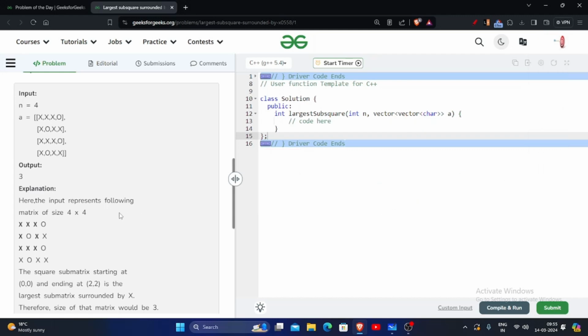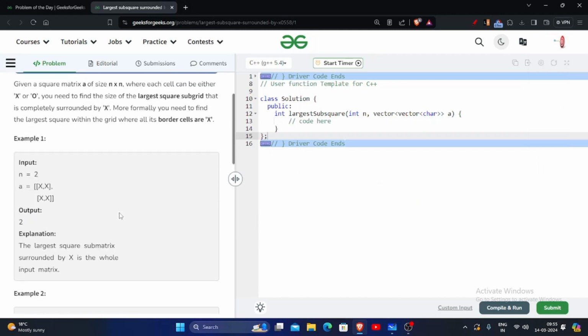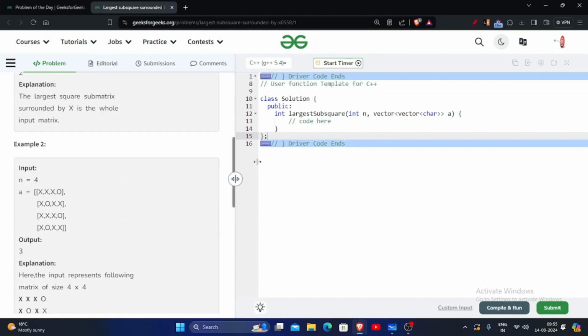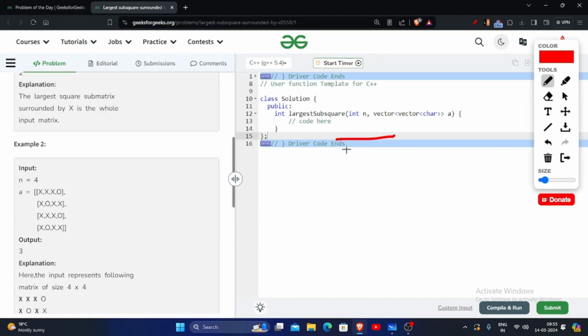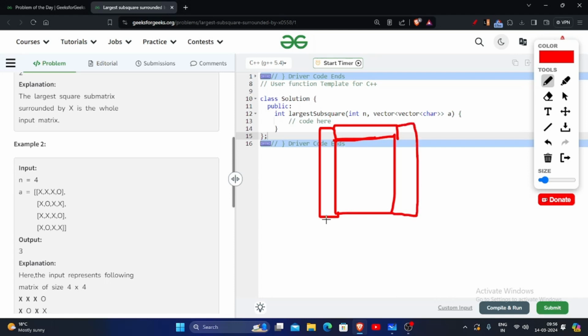So now the question is how are we able to solve this question. Since we are looking for boundaries, let's say we have a matrix and I'm concerned about these.